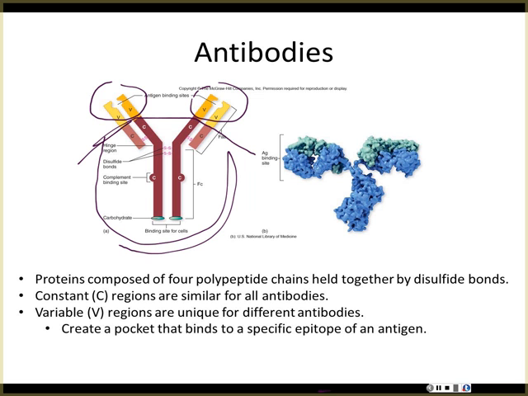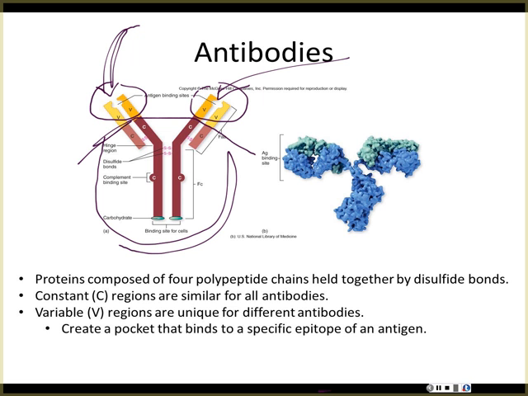But the variation occurs here at the tips, just like we saw with B cell receptors, because B cell receptors are essentially just antibodies sitting in the membrane of the B cells. So it's at the tips where they vary. The constant parts from antibody to antibody look the same. They're essentially identical. All that variation occurs at the tips.